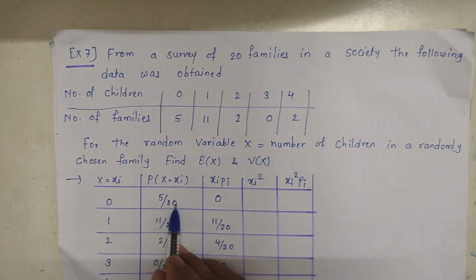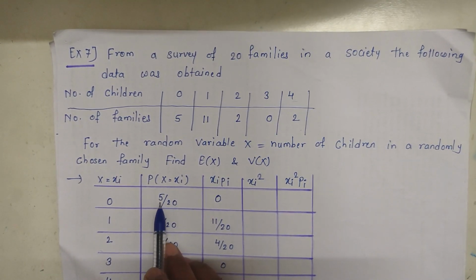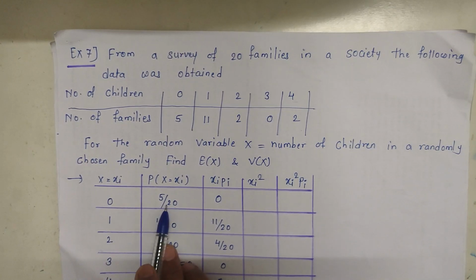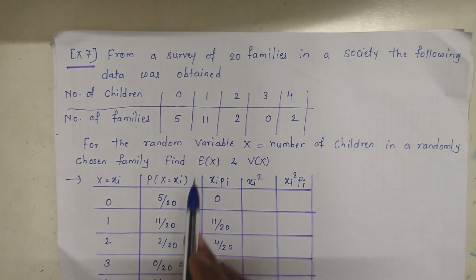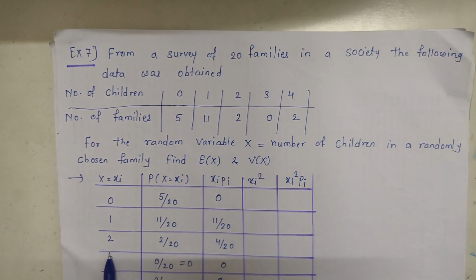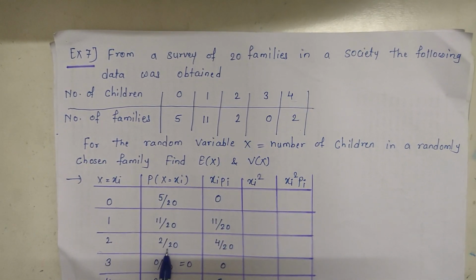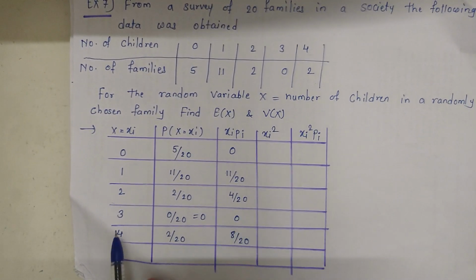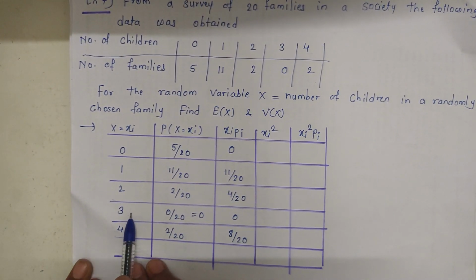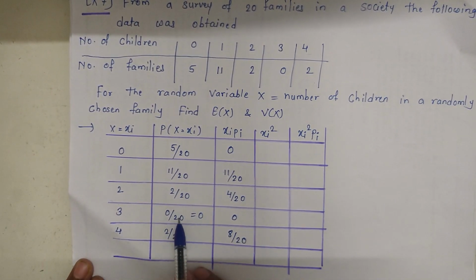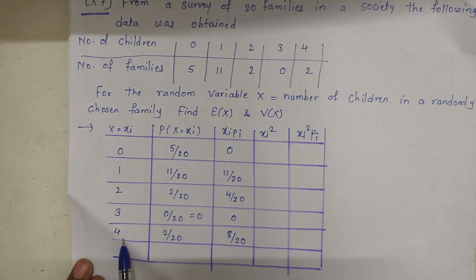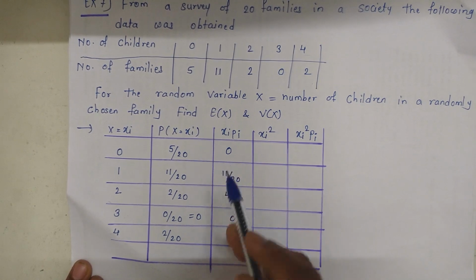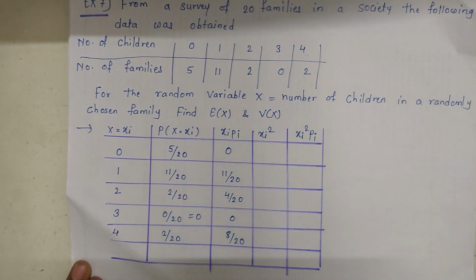So out of 20 families, the probability for x equal to 0 is 5 by 20. Probability for x equal to 1 is 11 by 20. Probability for x equal to 2 is 2 by 20. For xi equal to 3, 0 by 20, that is 0. And for x equal to 4, the corresponding probability is 2 by 20.